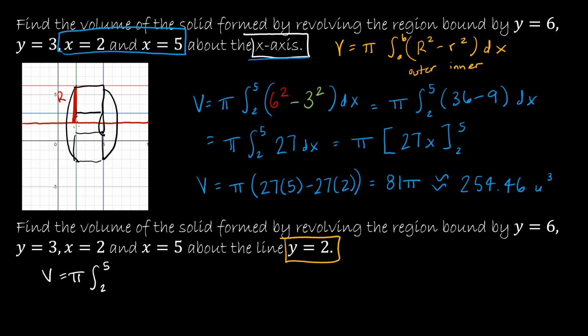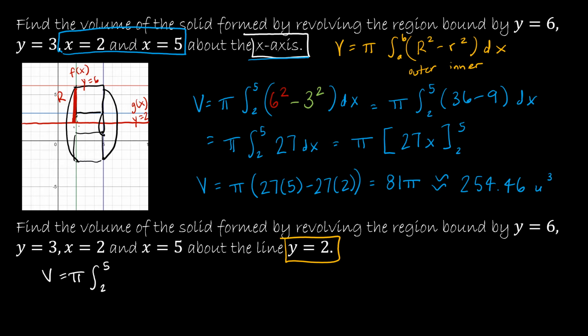Well, luckily, we already know that concept is to take the function, which our function here is y equals 6, and subtract. So this is kind of like our f of x, and this line right here is kind of like my g of x.